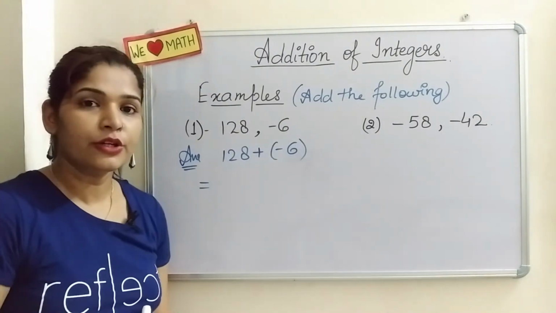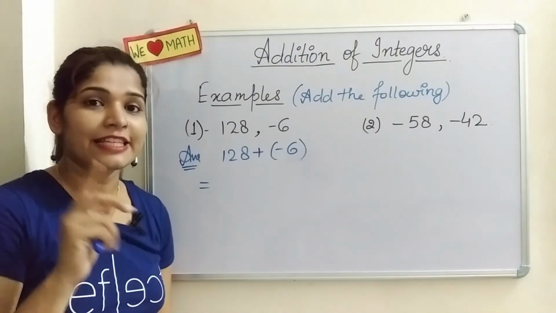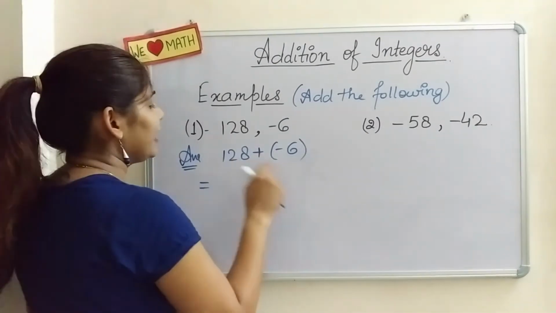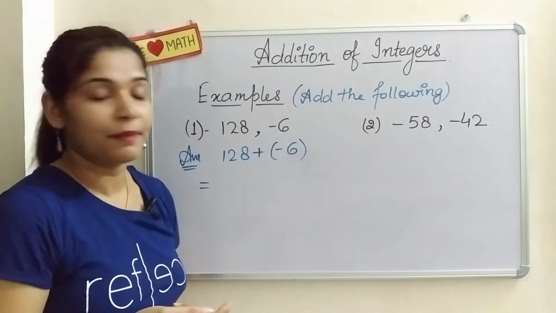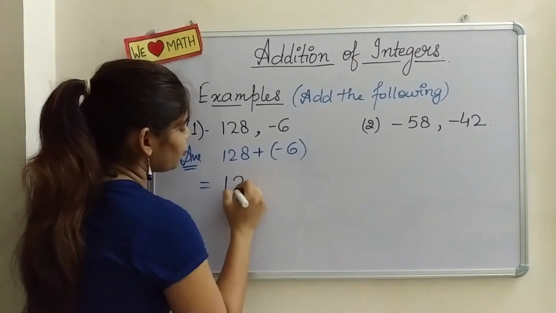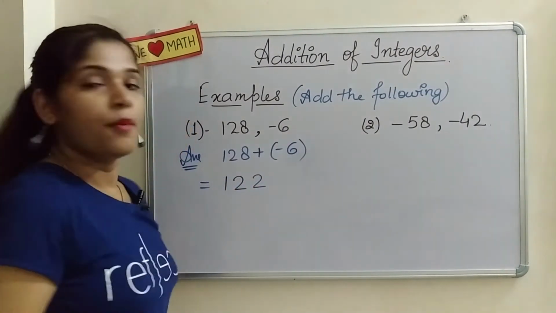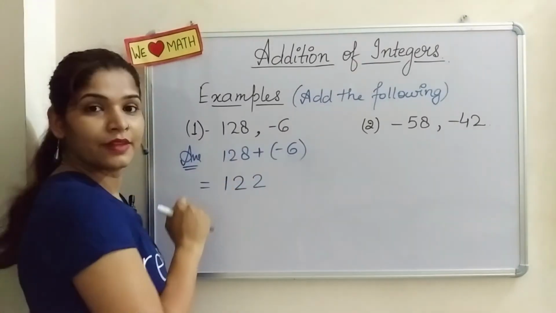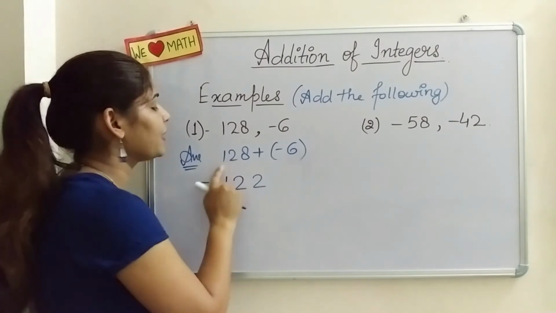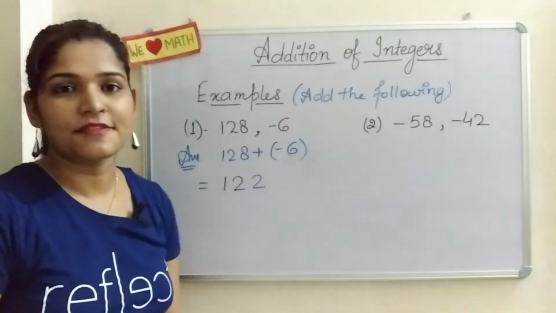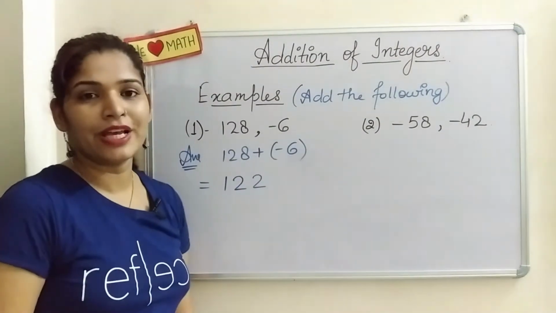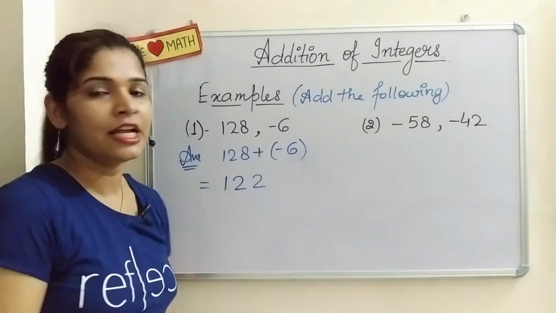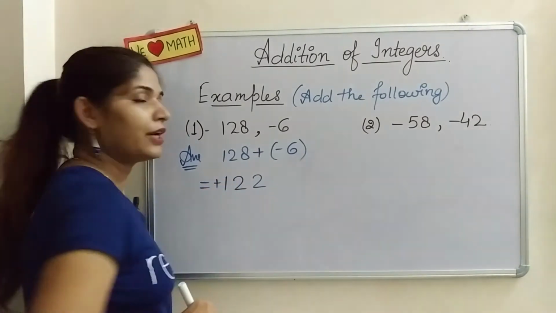What are we going to do when we have different signs? Yes, you are correct, we have to do the subtraction. 128 minus 6 orally will be 122. But will the symbol be positive or negative? Positive, because we have the bigger number with the positive symbol. So we can leave it like 122, because without a symbol it is already in the positive category, or we can write plus 122 as well.